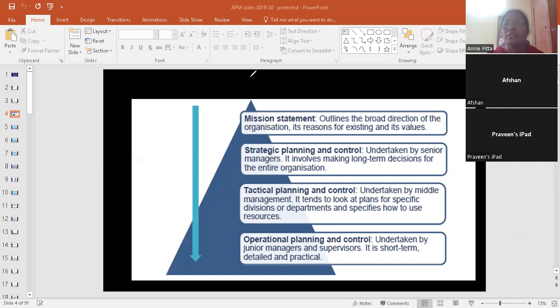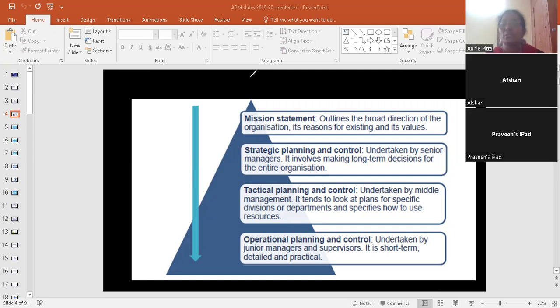There is no detailed, intricate planning taken up, but at a broader level, the planning is about what they would be achieving, what products and services would be made and sold.